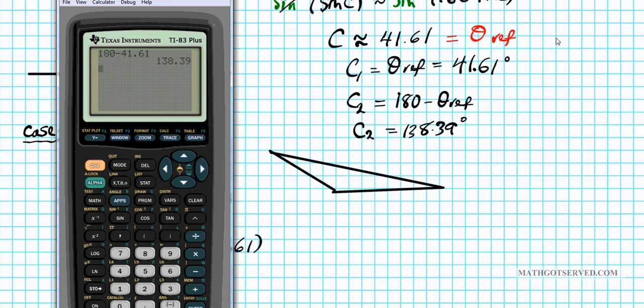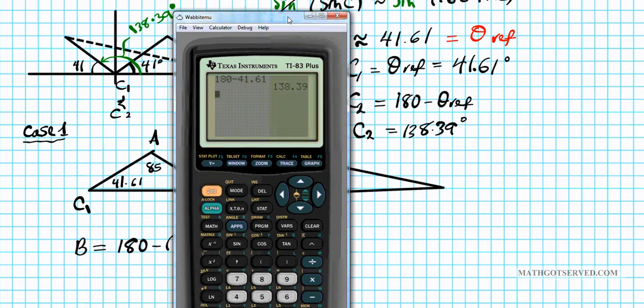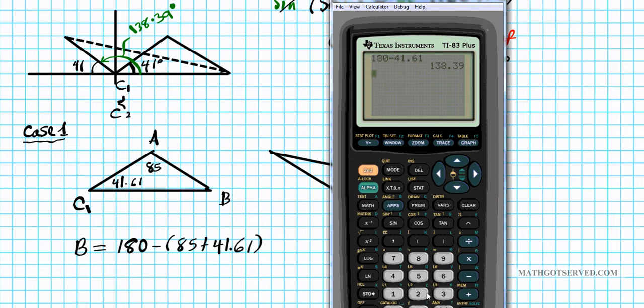So we have 180 minus parentheses 85 for angle A plus angle C, which is already there.